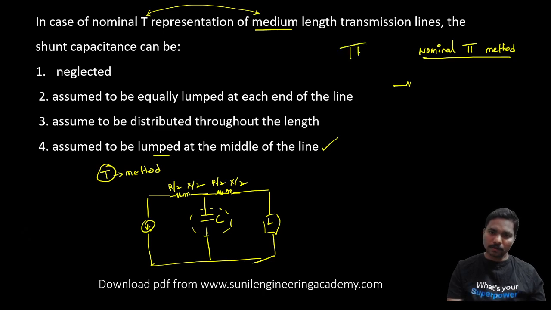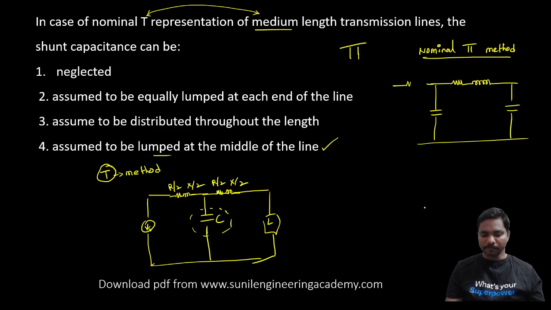This is the pi. Here resistance, inductance. Here we have one branch. Here we have one branch. Now it looks like a pi. Correct. So here we are going to take total resistance and reactance.